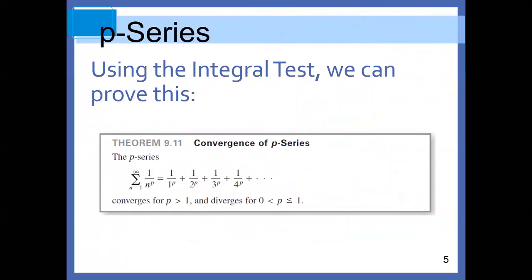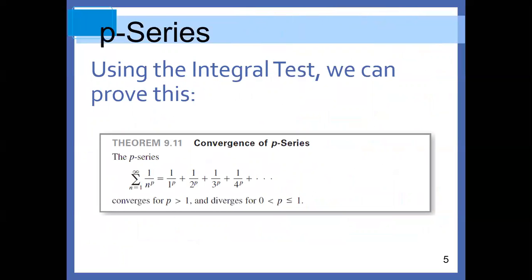Okay, so again, here's the statement of the convergence of a p-series. This is theorem 9.11 in the book. The sum n going from 1 to infinity, 1 over n to the p, converges for p bigger than 1 and diverges for p less than or equal to 1. By the way, do I really care that much?